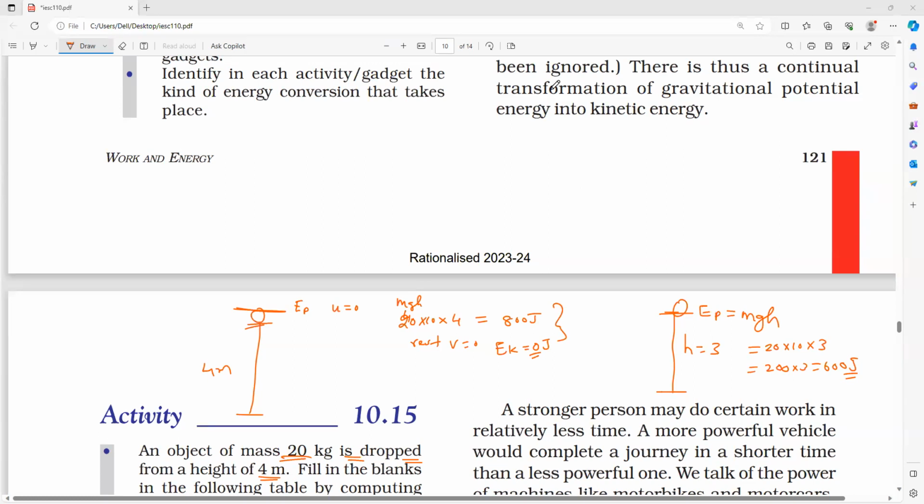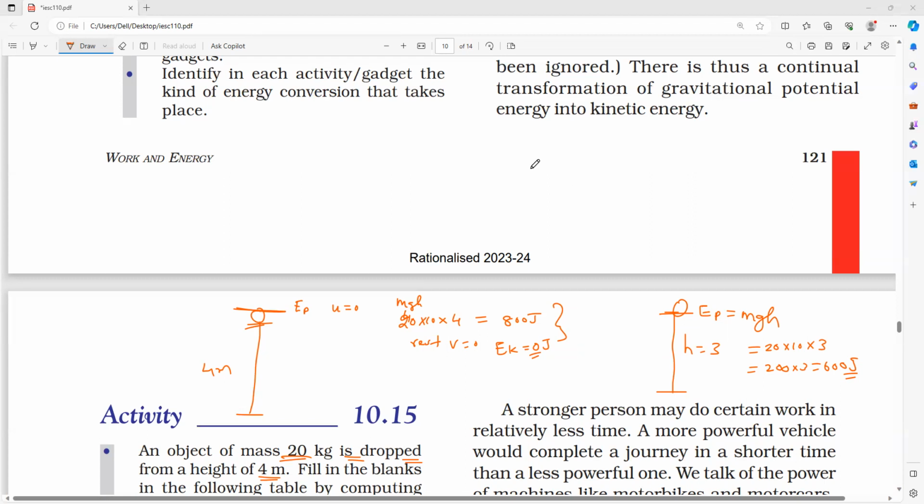So write the statement: the amount of potential energy lost is equal to the amount of kinetic energy gained.